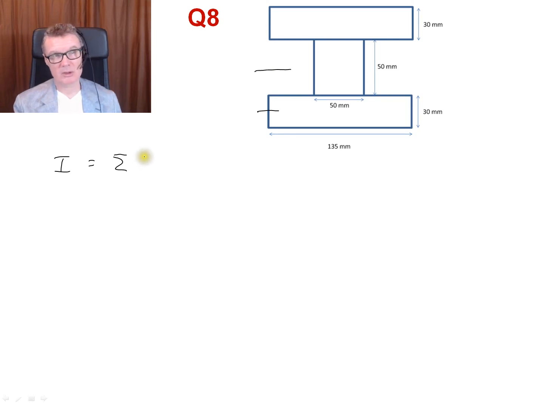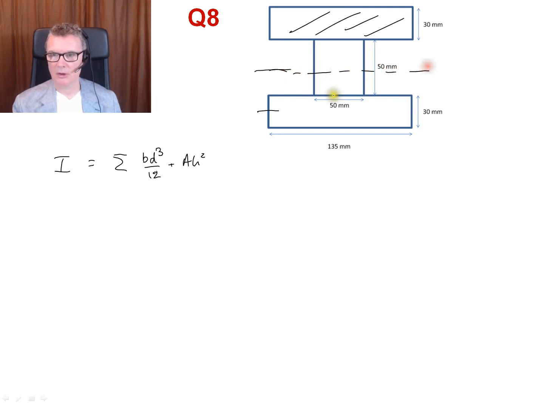What would I do first? Probably the BD cubed divided by 12 terms and the parallel axis theorem terms. I noticed that the top is basically a reflection of the bottom, so I can sort of double my calculation for the bottom one and then have one calculation for the middle one.